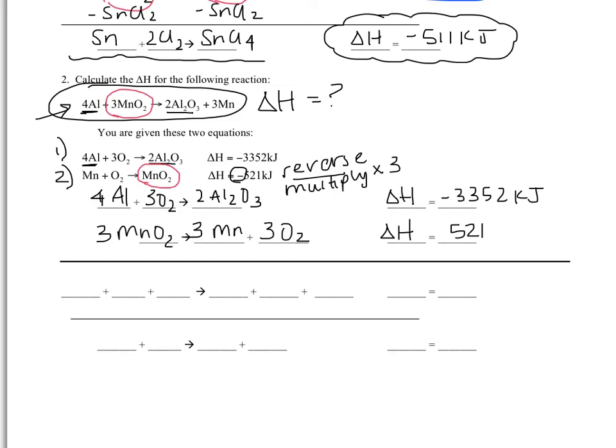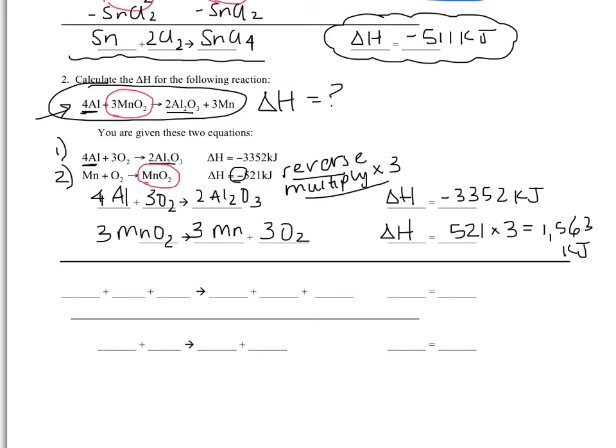And since I multiplied my equation by 3, that 521 needs to get multiplied by 3, which means I am now going to have 1,563 kilojoules as my enthalpy. Very important not to forget to do that.